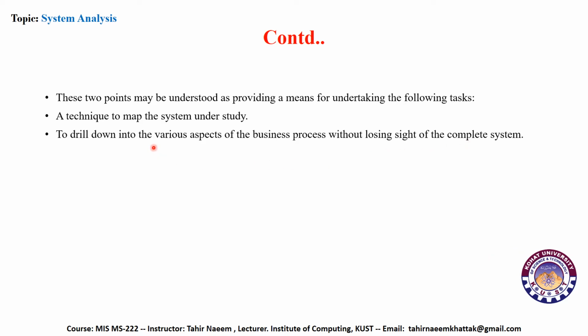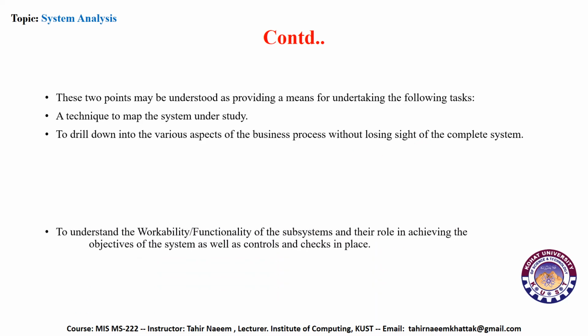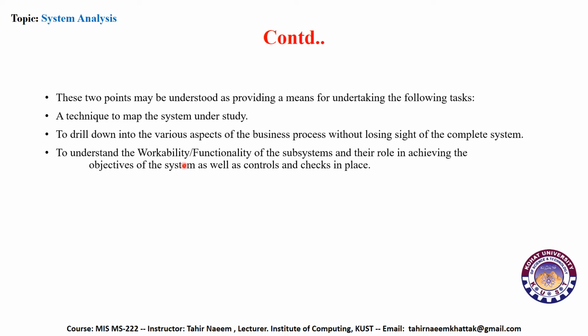So in system analysis, various aspects and features of the business process are studied, without having to indulge in the complete system. Second, to understand the workability and functionality of the subsystems and their role in achieving the objectives of the system, as well as the controls and checks in place.